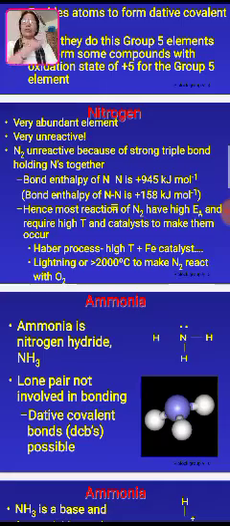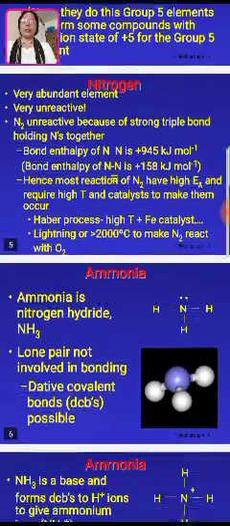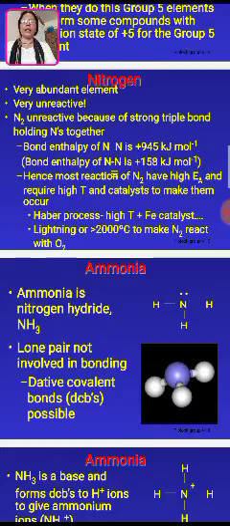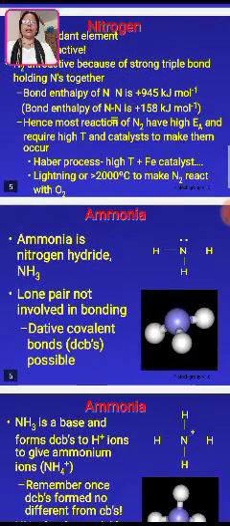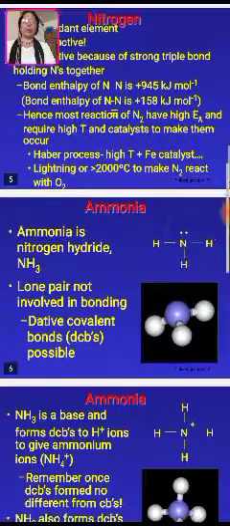Hence most reactions of nitrogen have high enthalpy, requiring high temperature and a catalyst to occur, as in the Haber process with iron catalyst. Lightning at 2000 degrees centigrade makes nitrogen react with oxygen, so nitrogen oxide is formed.